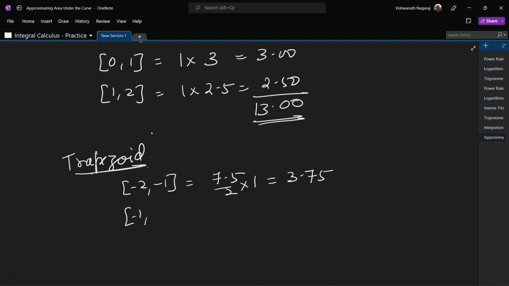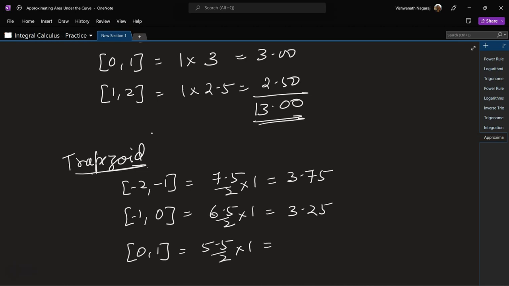Minus 1 to 0 would be 6.5 by 2 times 1, which would be 3.25. 0 to 1 will be 5.5 by 2 times 1, which is 2.75.